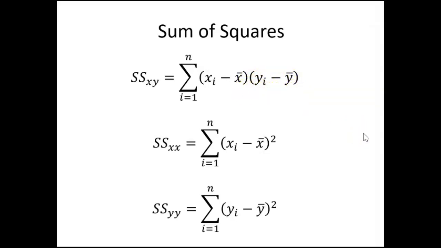And in the denominator we have the sum of squares for x, which is the squared deviation from the mean added up over all of the data values. And then we do the same thing for the y variable.